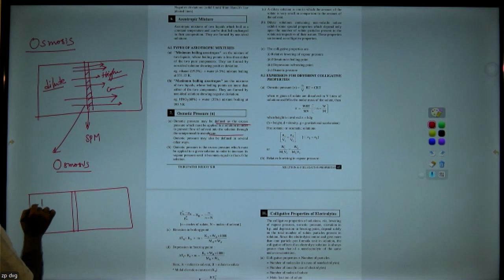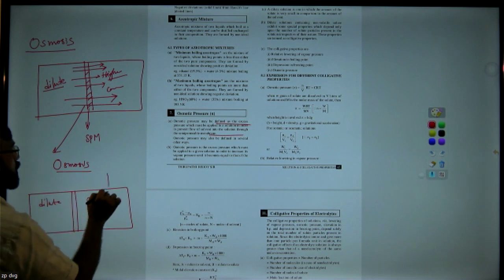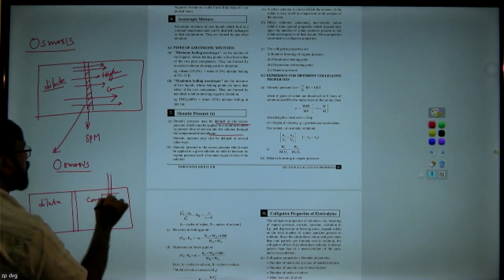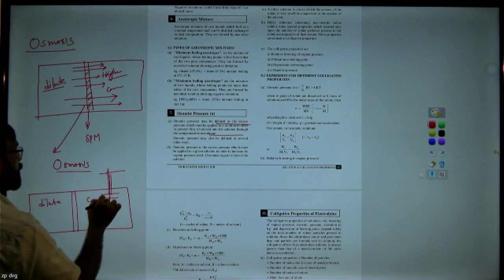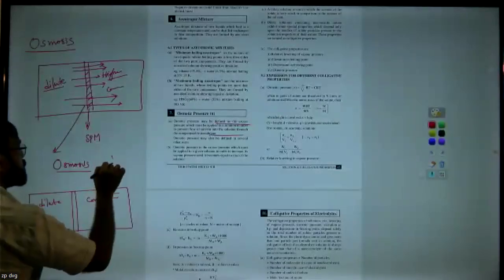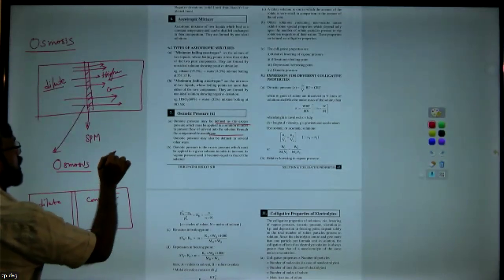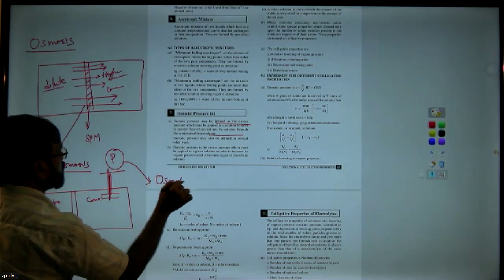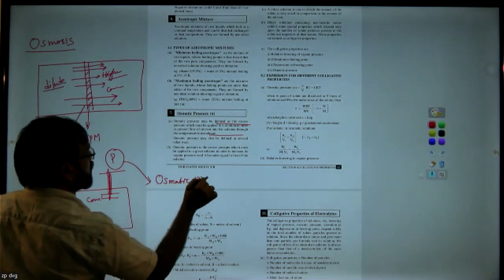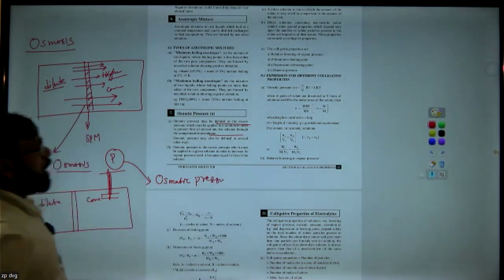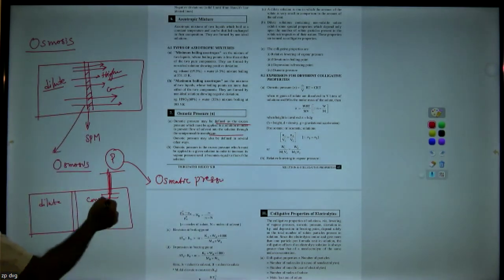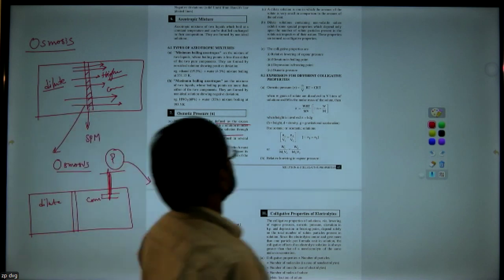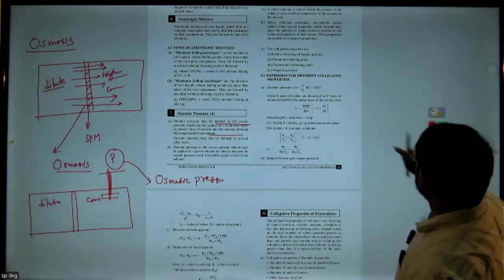Here it is a dilute solution, and here a concentrated solution. That pressure is called osmotic pressure. Osmotic pressure is a colligative property.